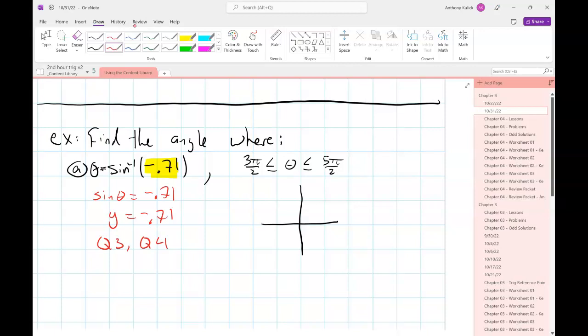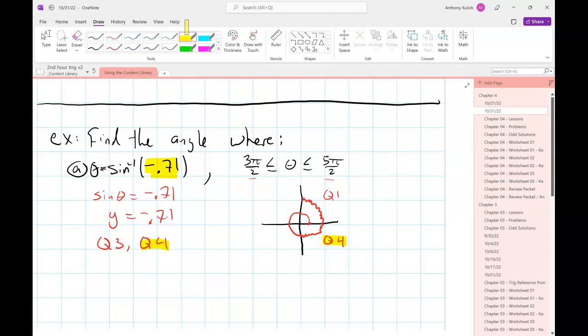Starting on the positive x-axis and rotating counterclockwise because my angles are positive: half pi, 1 pi, 1.5, that's the start, to 2, and then 2.5. So this was quadrants 1 and 4. So the answer I'm looking for is in quadrant 4.